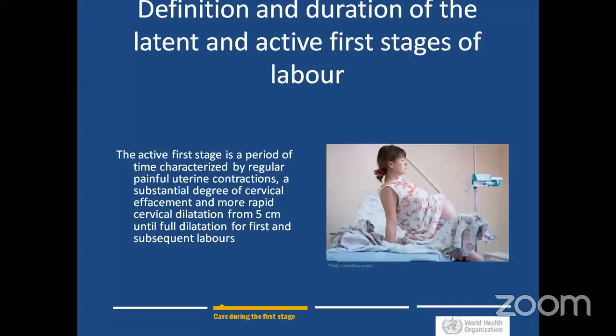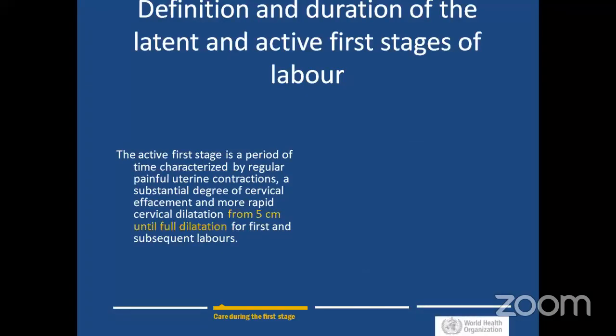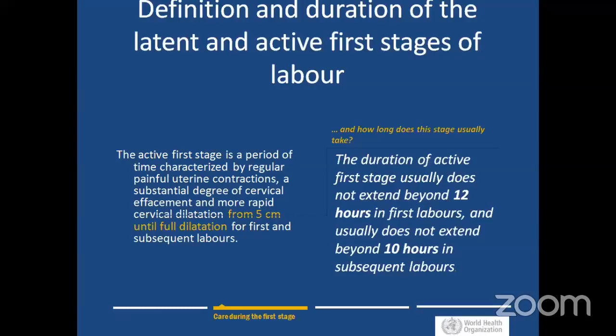Next, the active first stage is a period of time characterized by regular painful contractions and a substantial degree of cervical effacement and more rapid cervical dilatation from 5 centimeters until full dilatation for first and subsequent labors. And what do they say? The duration of the active phase usually does not extend beyond 12 hours in the first labor and usually does not extend beyond 10 hours in the subsequent labor.